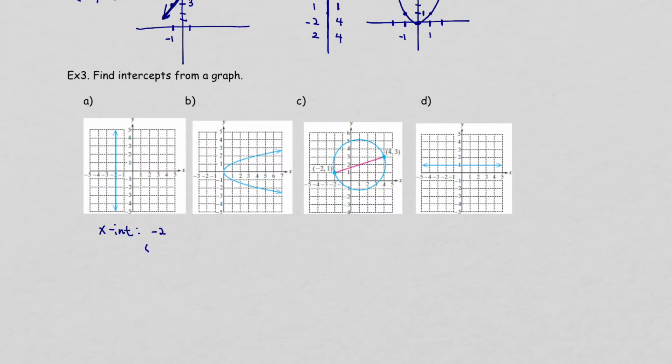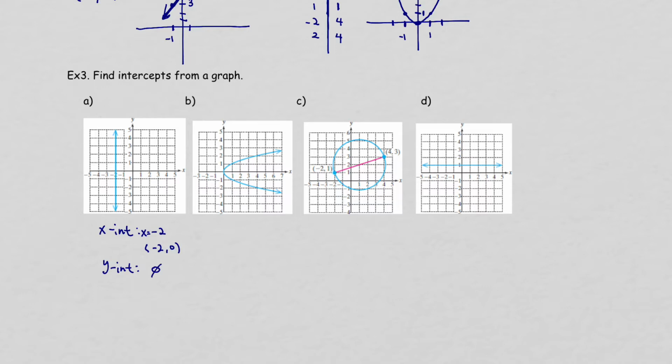Or you can write it as (-2, 0), right? That's going to be your x-intercept. X equals -2. You will not have a y-intercept because that vertical line will never meet the y-axis.